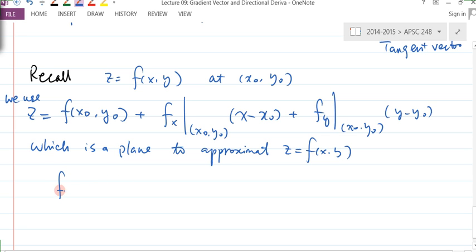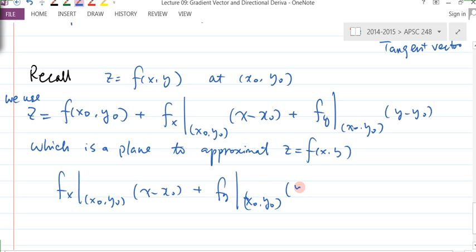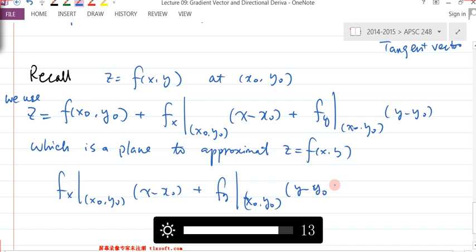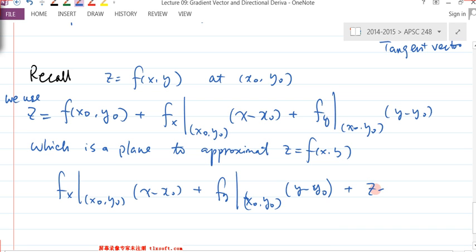So you end up with fx at this location times x minus x naught, plus fy at x naught, y naught times y minus y naught, plus z minus f of x naught, y naught equal to 0.